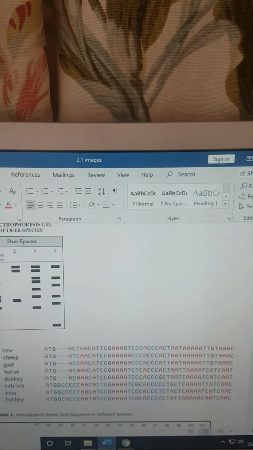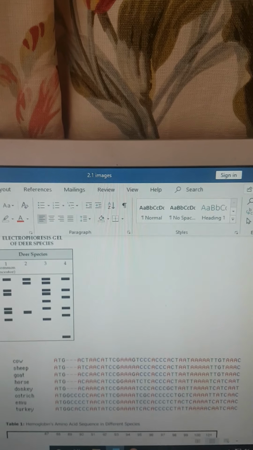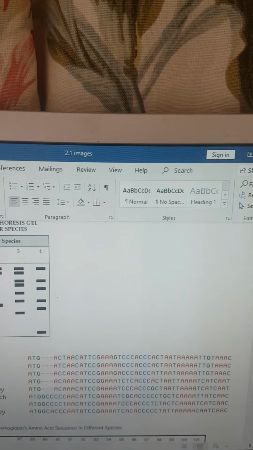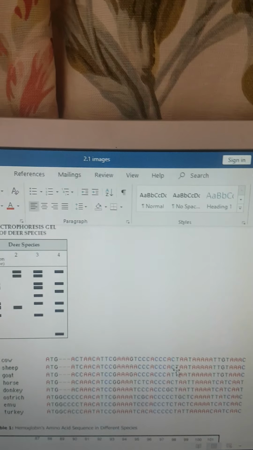The more bases species have in common, the more closely related they are and the more recent their common ancestor lived.